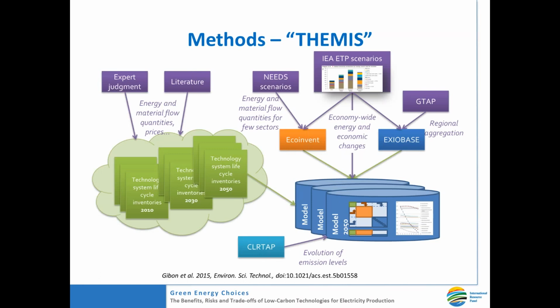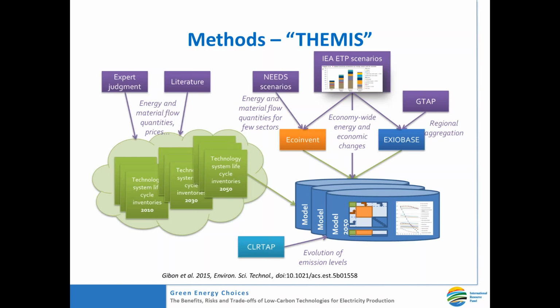So Themis actually is based on individual life cycle inventories that are collected by teams of authors, and these inventories describe each of the assessed power technologies with specific characteristics of the technologies for the years 2010, 2030, and 2050.